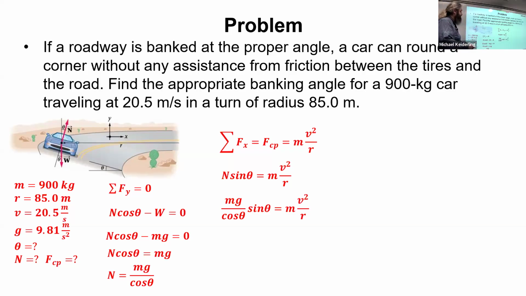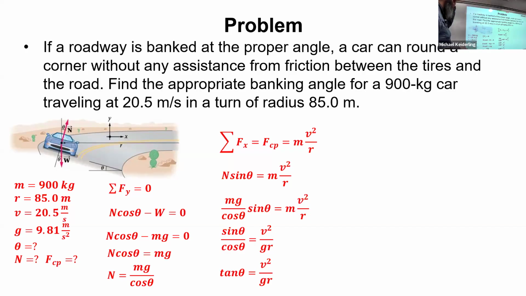Normal force is mg over cosine theta, equals mass times velocity squared over radius. If we divide both sides by mg, we get sine theta over cosine theta equals velocity squared over g times radius. Mass cancels. So we get tangent of theta is speed squared over g times radius.